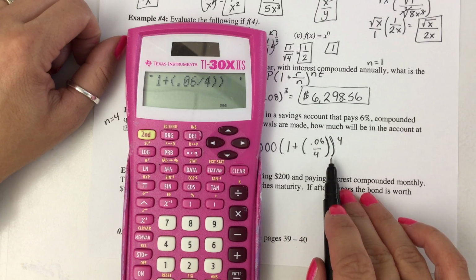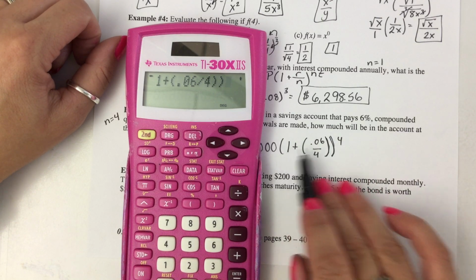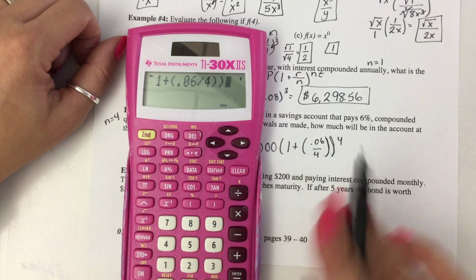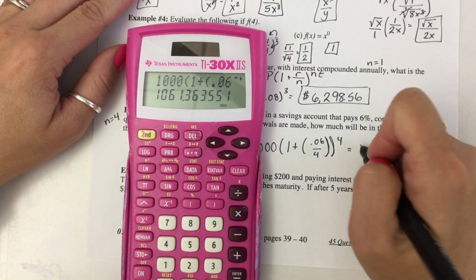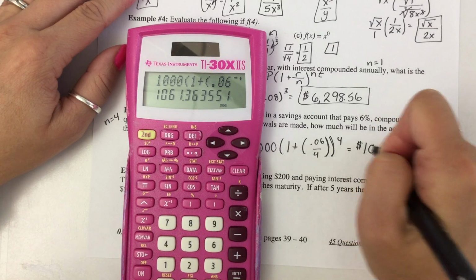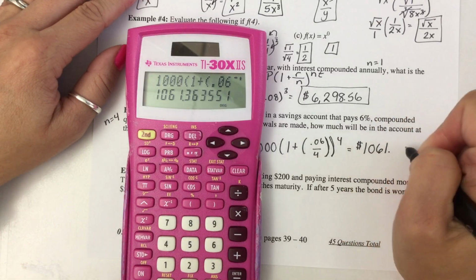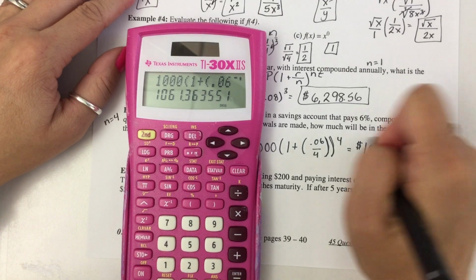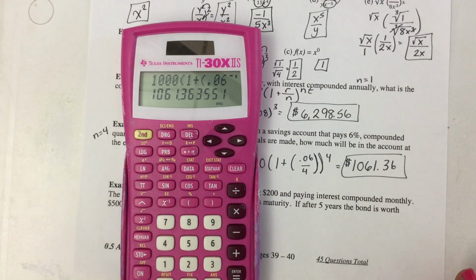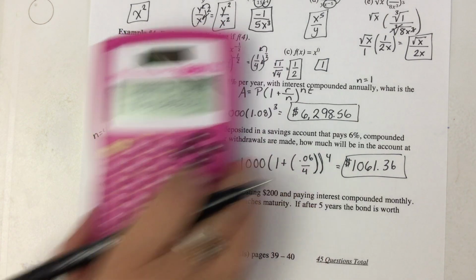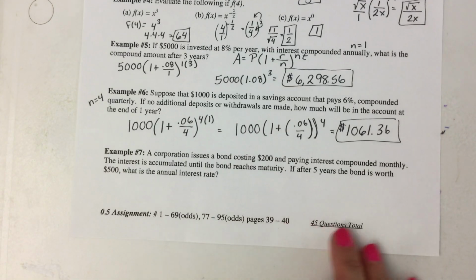The other parentheses is closing the parentheses that come right after the principal, to the power of 4. So this time I didn't make too much money at all, but you only kept it in a year. $1,061.36. So that's what the account balance would be. The amount of interest you made: $61.36.